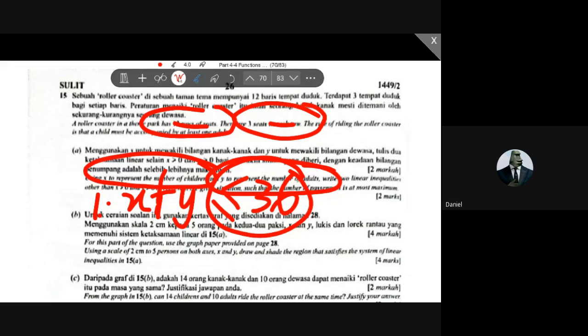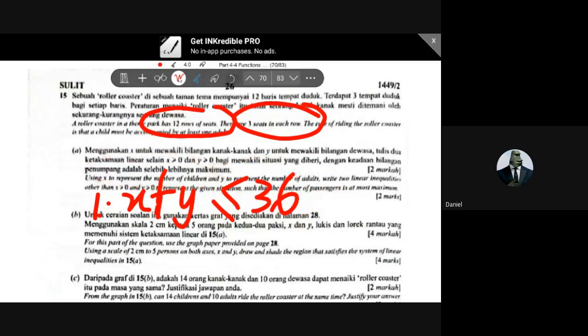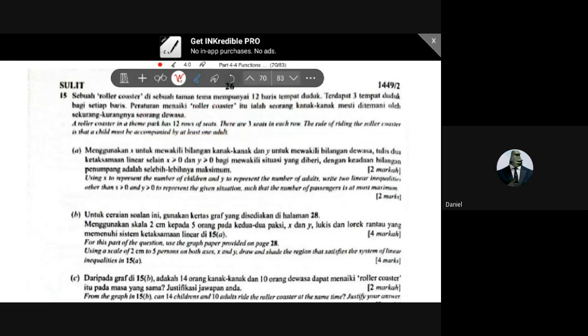So boleh faham? Can you understand this? Yes, good. Okay, bagus. So also now, what's the other inequality? Siapa boleh bagi tahu? Got two inequalities. Satu lagi tu lebih tricky, slightly tricky.